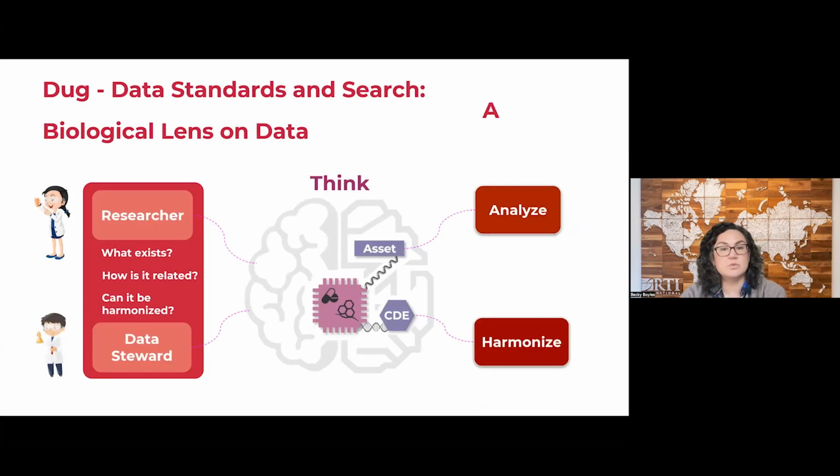So we have this tool called DUG, which utilizes semantic technologies and metadata standards that really helps put a biological lens on the data so that you don't need to know what you're looking for when you perform a search. You can type in whatever name you're comfortable using.